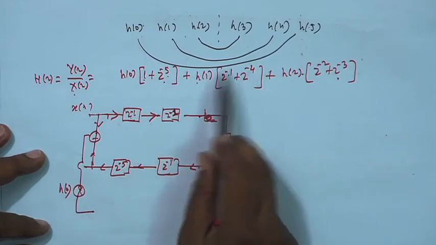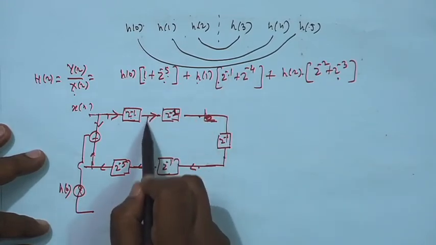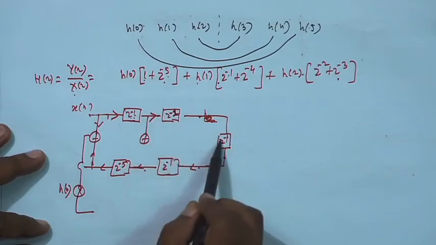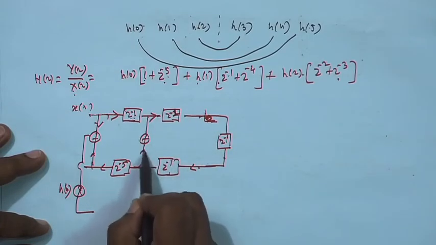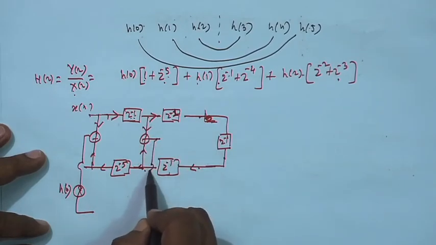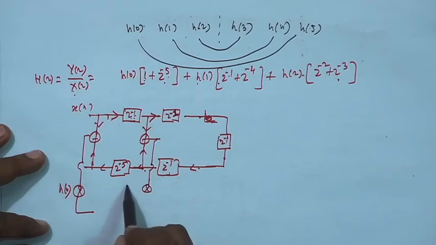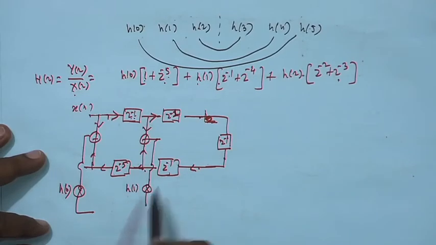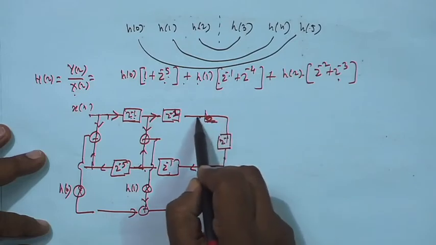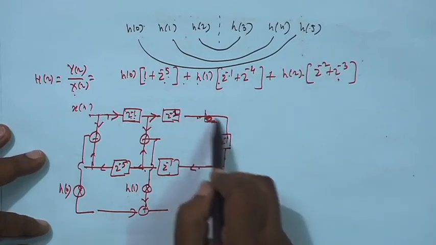Then x z into this part, x n minus 1 from here and x n minus 4 from here, z inverse 1, 2, 3, 4. This you add first and then multiply by H1. And then add, so it is adder. And lastly, this one, x z into z inverse 2, that is here, and x z into z inverse 3, that is here.